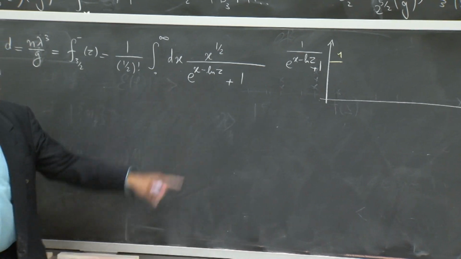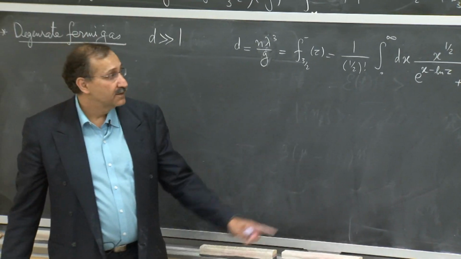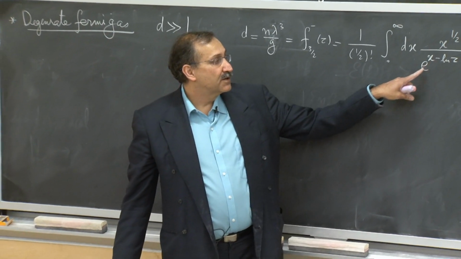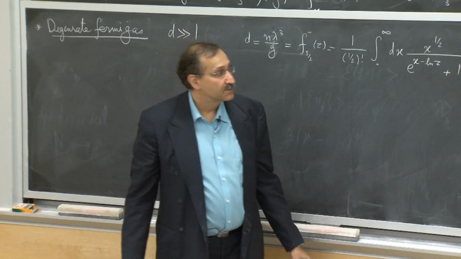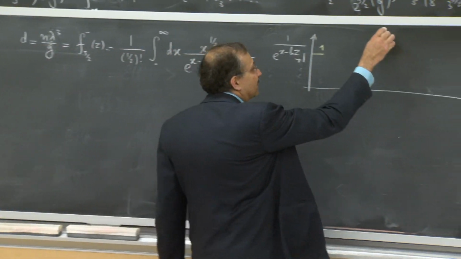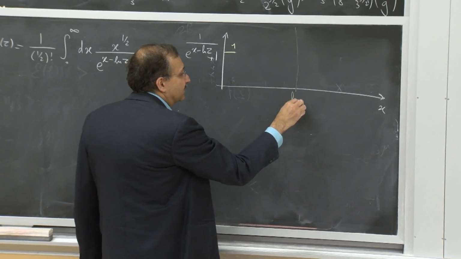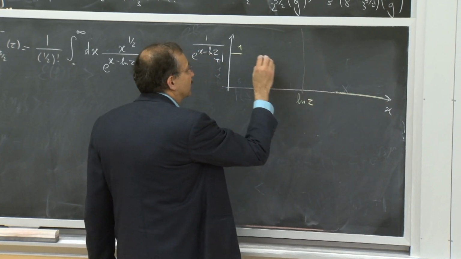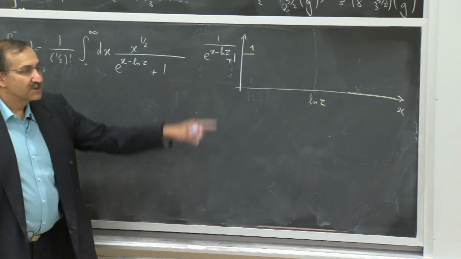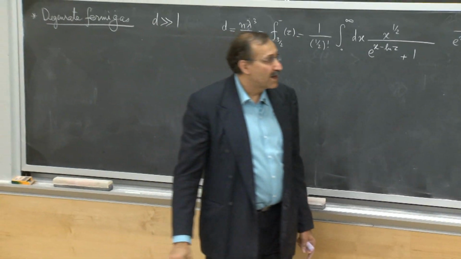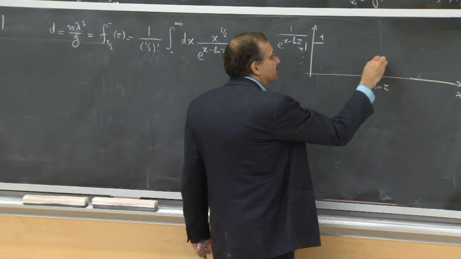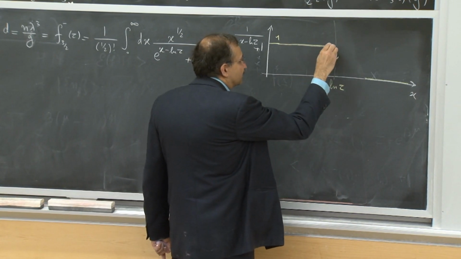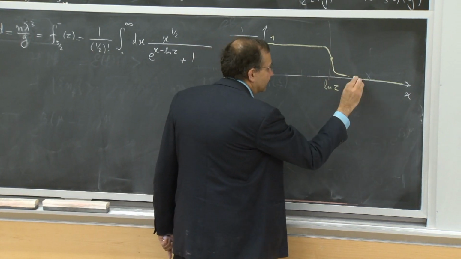Whereas if x is much greater than log z, then this is an exponentially large quantity, and I will have 0. So basically, at around log z, this switches from being very close to 0 to being 1. Indeed, at x equals log z, it is exactly 1/2. So here it is 1/2. It is switching very rapidly.